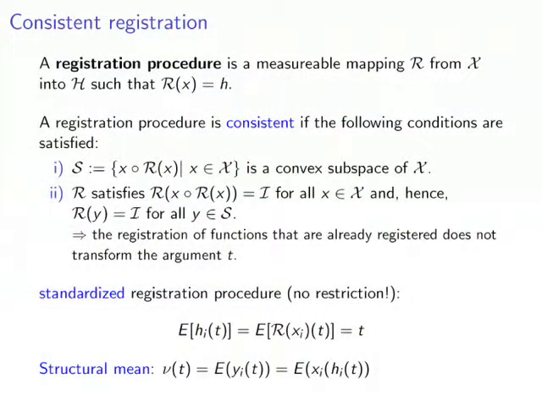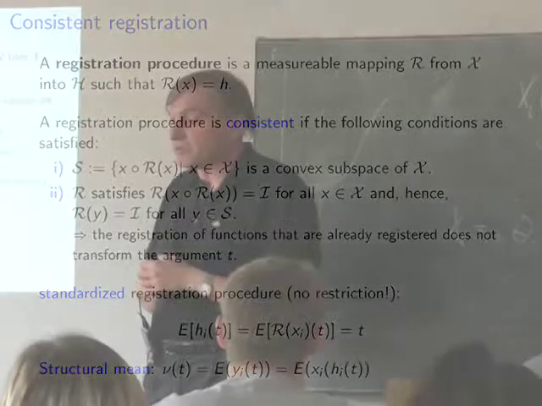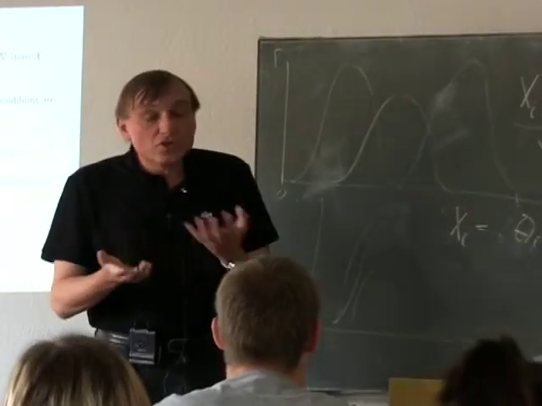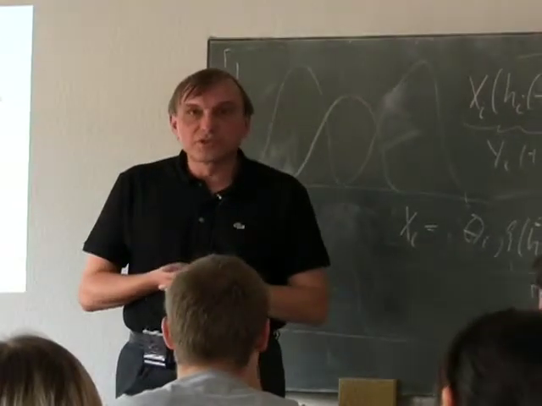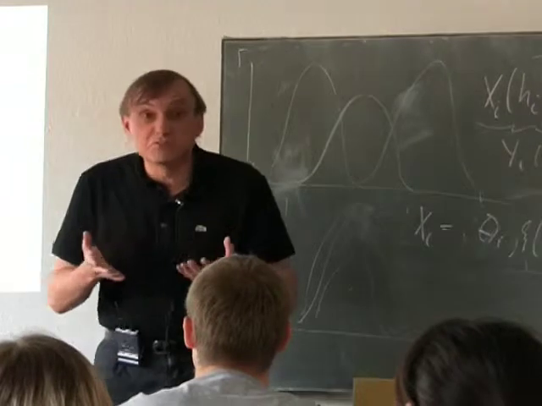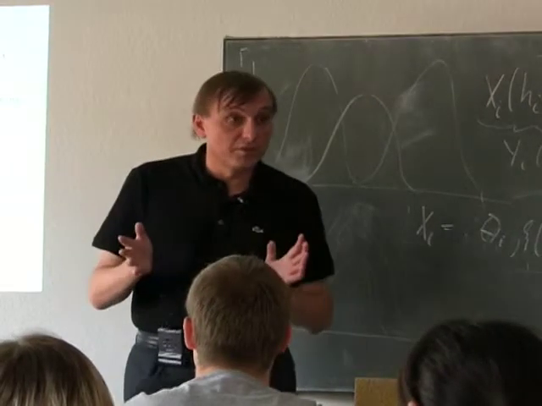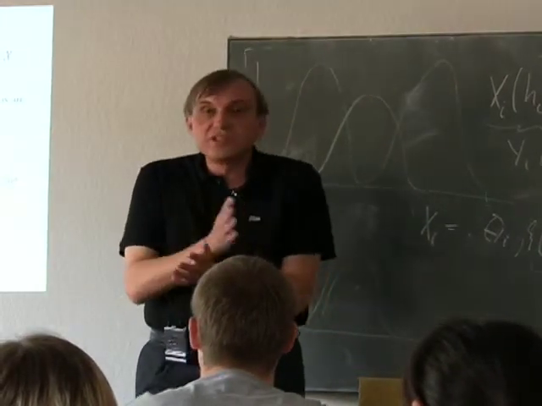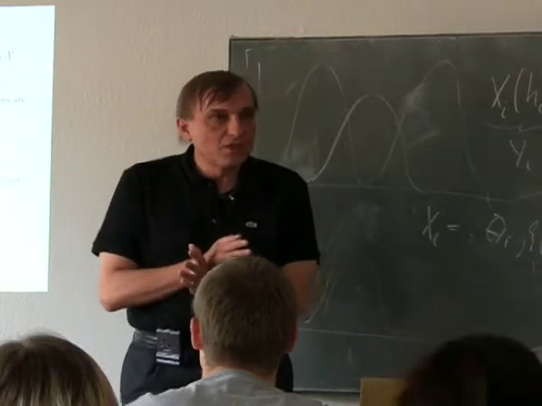Any registration procedure makes a difference between phase variation, which is eliminated, and the remaining amplitude variation, which is in the registered curve and described by amplitude parameters. There's no unique way to do this decomposition, but a registration procedure should have an idea what is phase variation and what is amplitude variation. It should not be an arbitrary assignment.